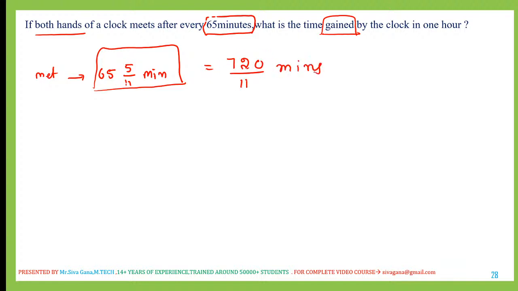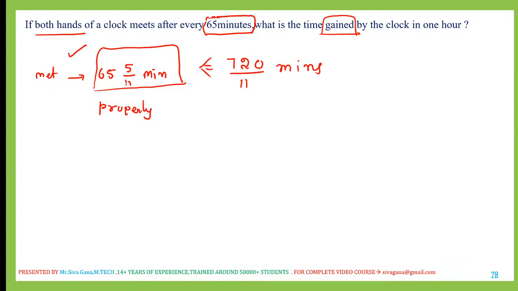Both hands of a clock meet for every 720/11 minutes, in the sense 65 5/11 minutes, for a properly working clock.